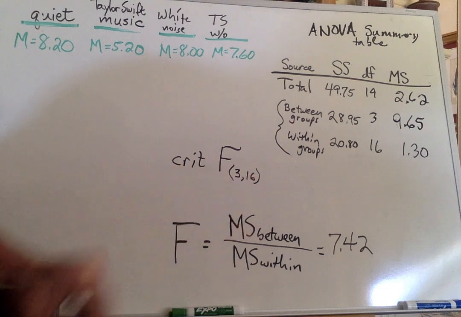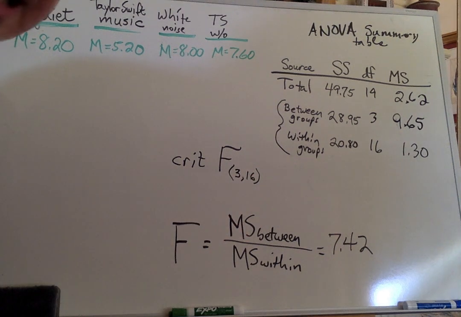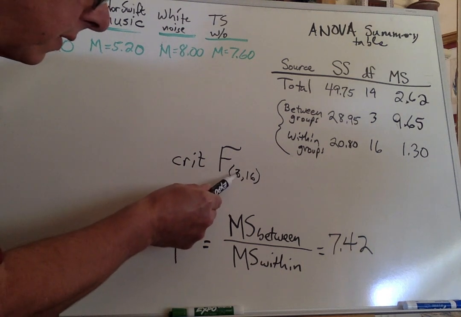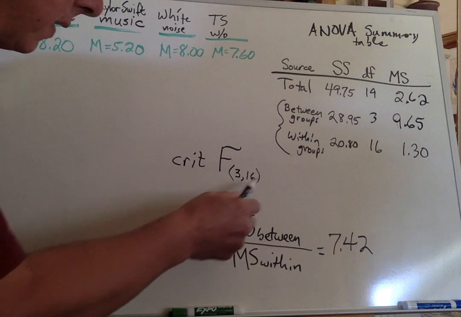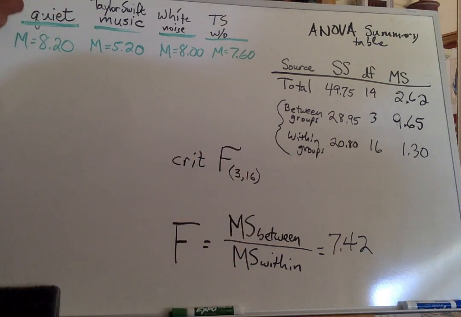So it's 3 and 16. And actually, when I'm reading this kind of stuff in a journal article, because I know that this is the number of groups minus 1, and just from this alone, I know that they had 4 groups in the experiment. Okay?